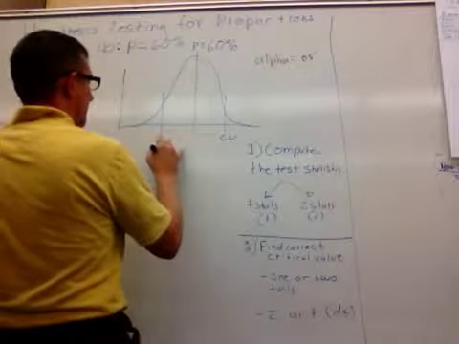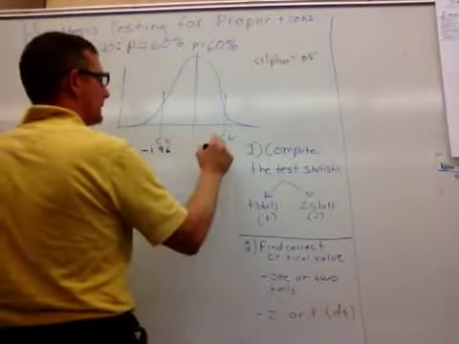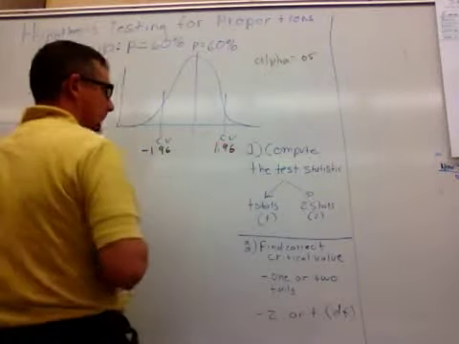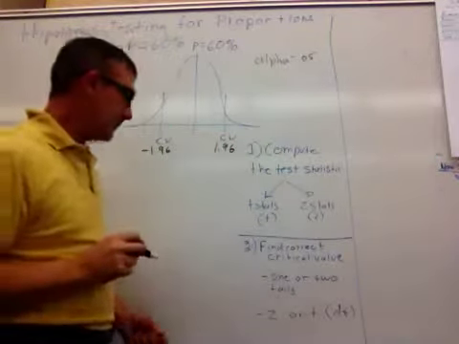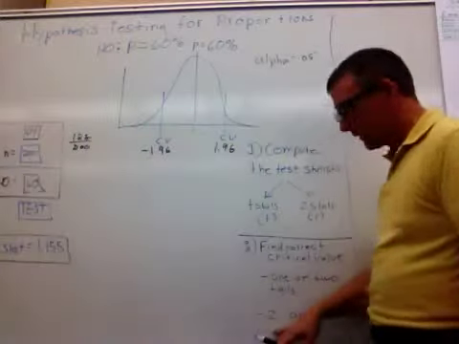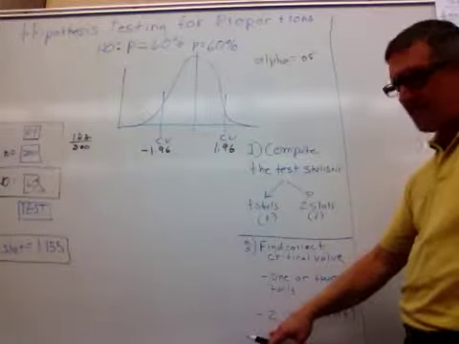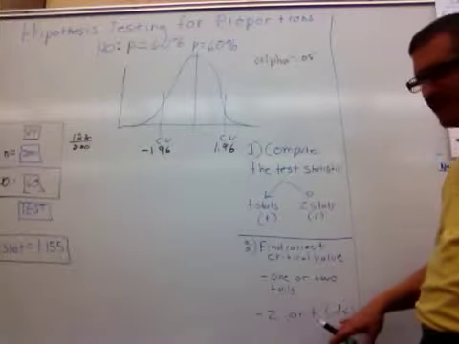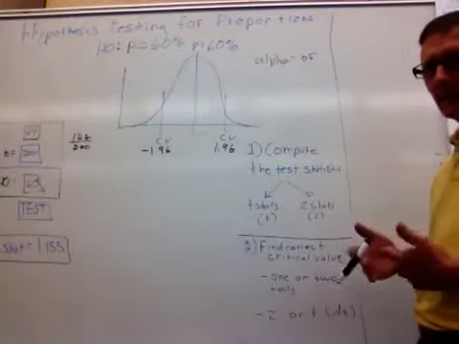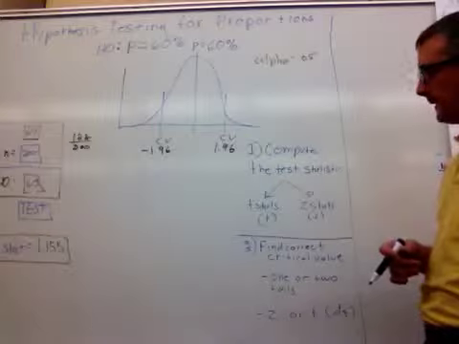So I'm going to write these right here. That's negative 1.96, and that's positive. Okay? Now, it's important to remember when you're getting a z critical value, degrees of freedom do not matter. That's only if you're getting a t critical value if you're doing a test for a population mean.